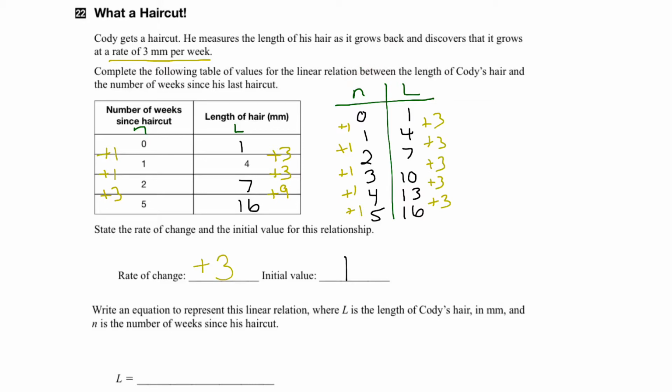So in general, the equation of a linear relation is the dependent variable equals the rate of change times the independent variable plus the initial value.